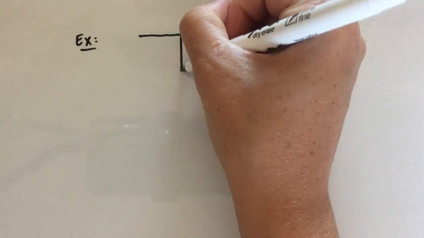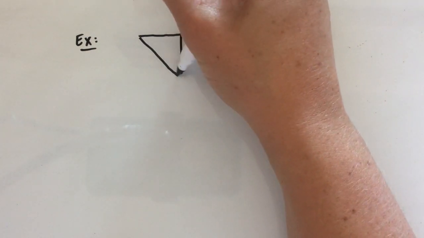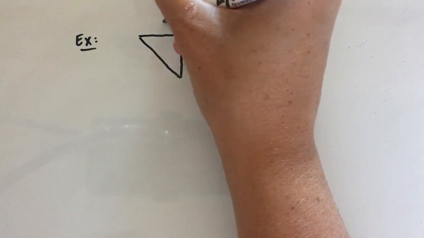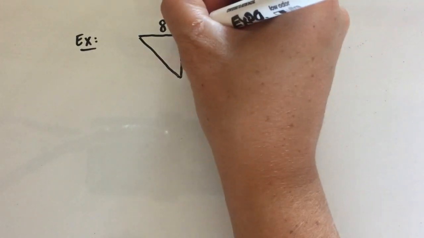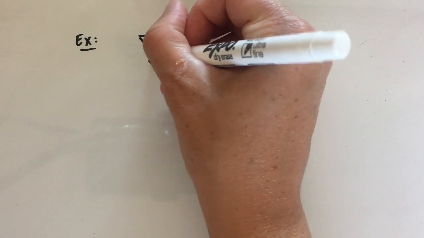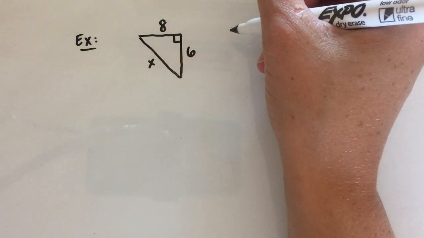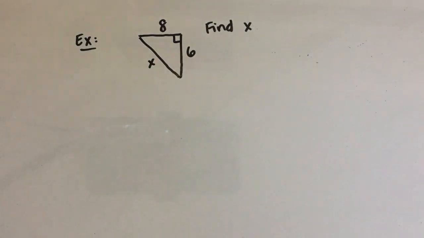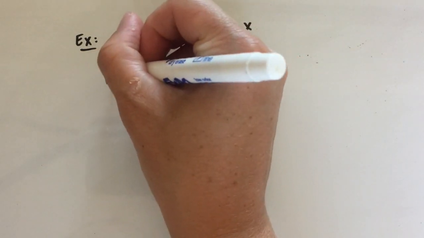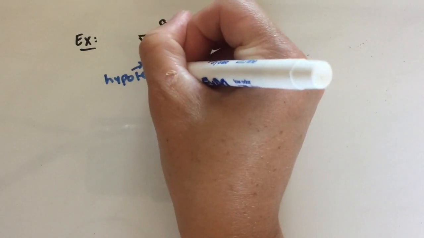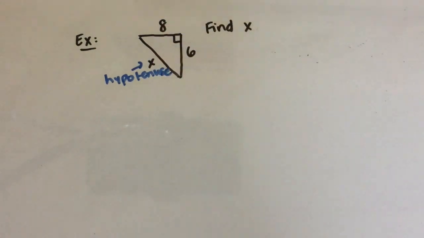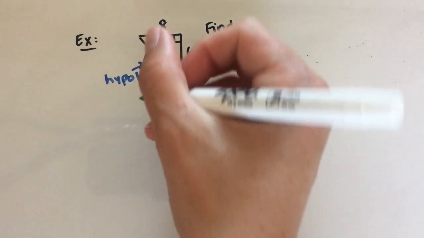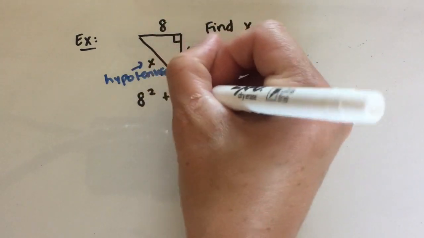For my first example, I have the right triangle with side lengths 8 and 6, and the hypotenuse is x. To solve for x, which is the hypotenuse, using the Pythagorean theorem, we get x squared equals 8 squared plus 6 squared.